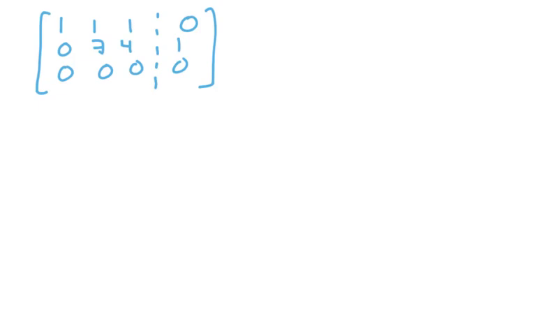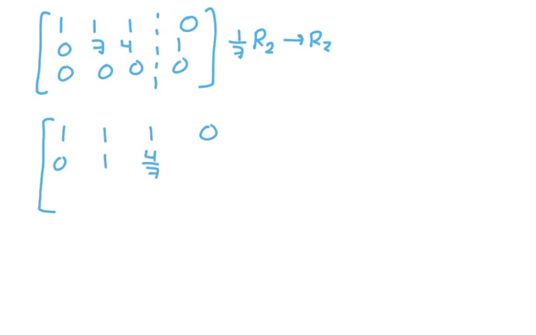We got a couple of operations first, because we want to turn this into a Gauss-Jordan problem. So I'm going to take 1/7 row 2, put the result back into row 2. So we're almost done. We got 1, 1, 1, 0, 0, 1, 4/7, 1/7, okay? And then 0, 0, 0, 0.